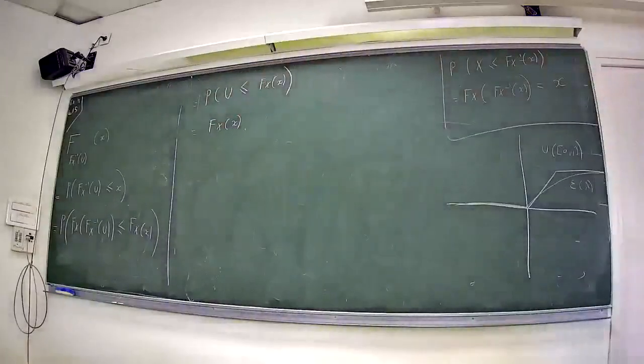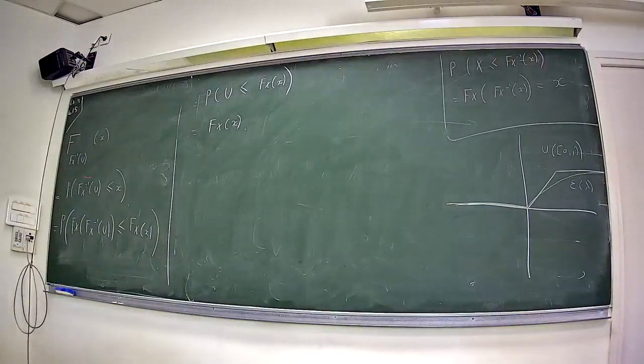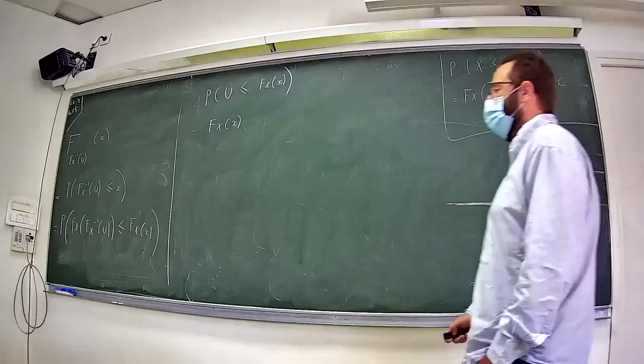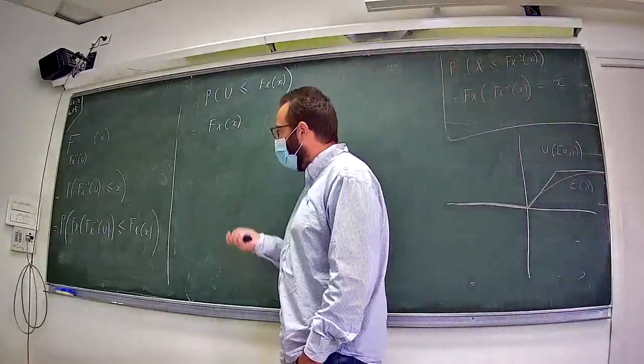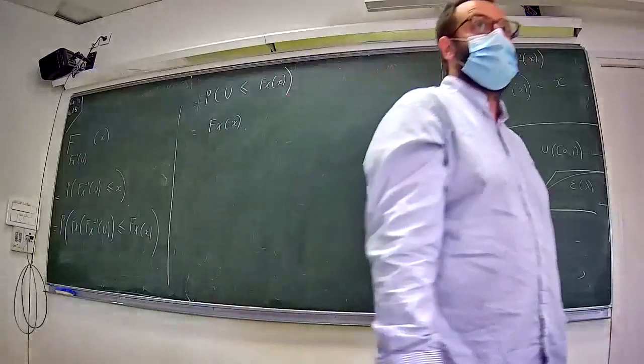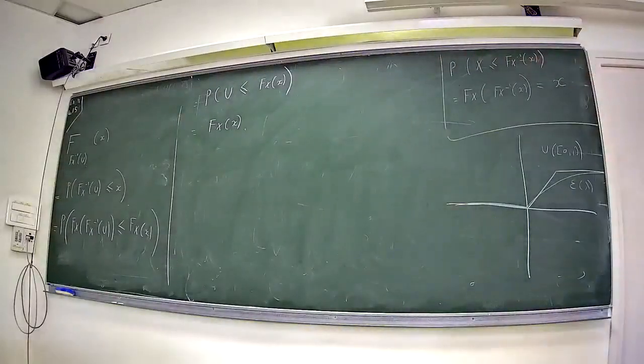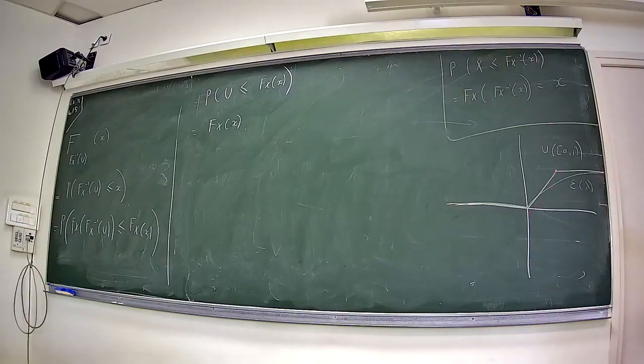And at the end, I prove that the distribution function of f_X^{-1}(U) is exactly the distribution function of X, meaning that this random variable and this one have the same distribution. Okay? It's just a little play using the inverse of the distribution function, and the fact that to compute this one, I recall the distribution function of a uniform: 0, identity, 1.